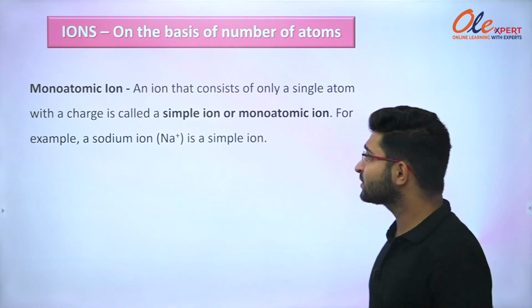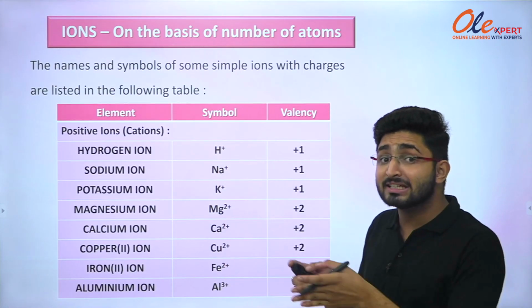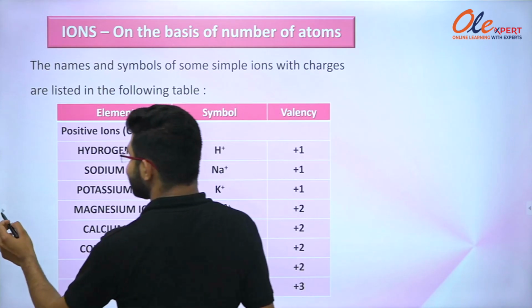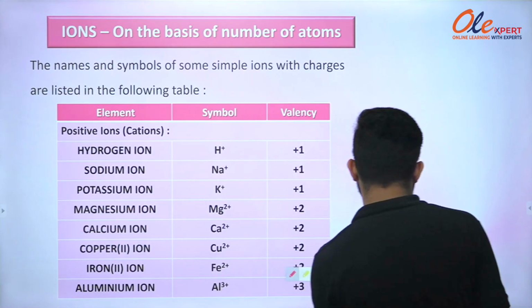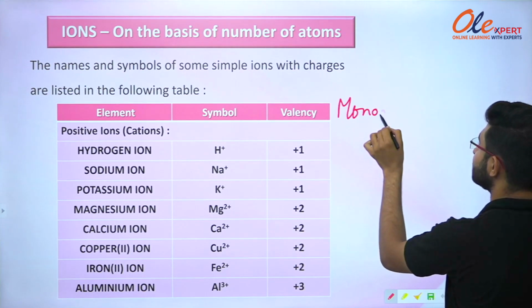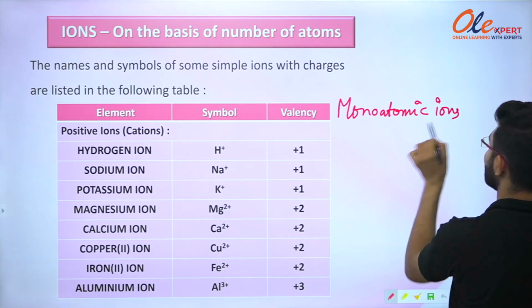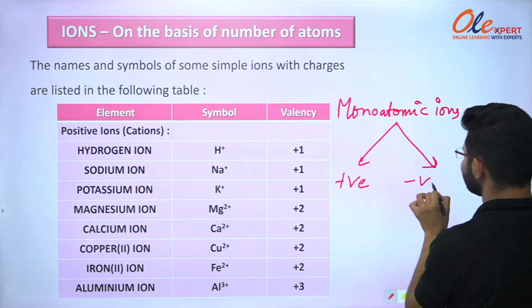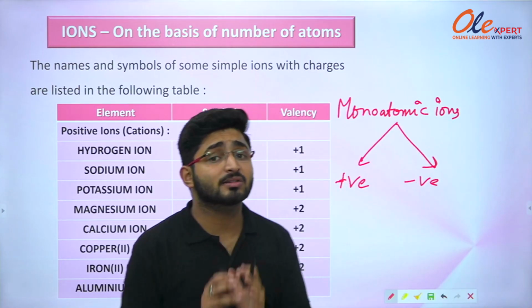Now we are going to study some elements and their ions, plus their symbols with their valencies. You can see in this table these are all monoatomic ions. But firstly understand that monoatomic ions are of two types on the basis of charge, positive and negative.